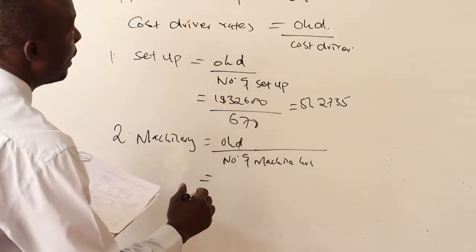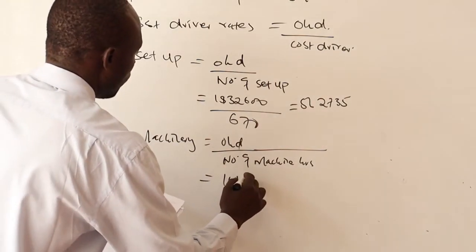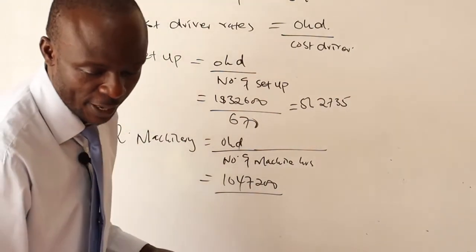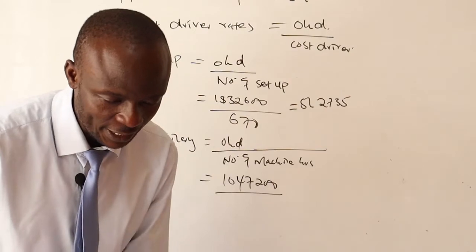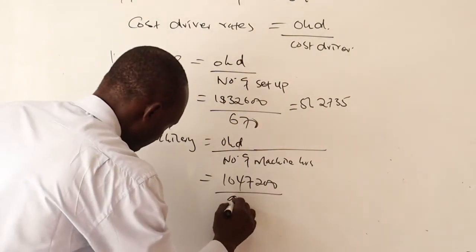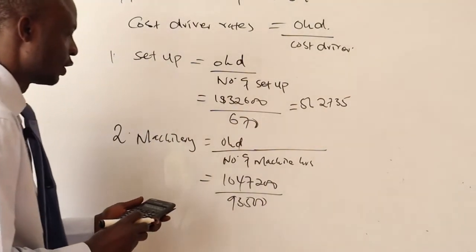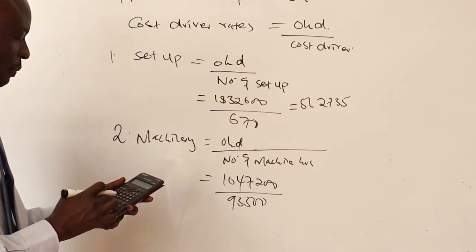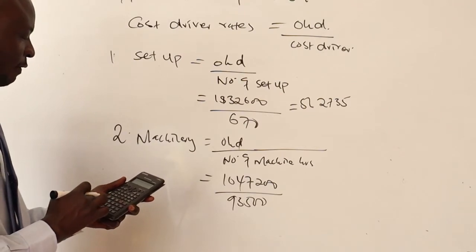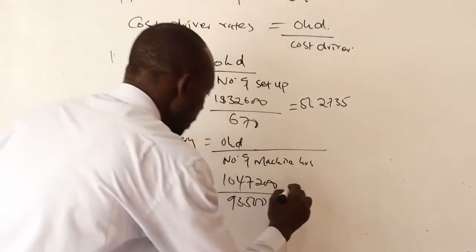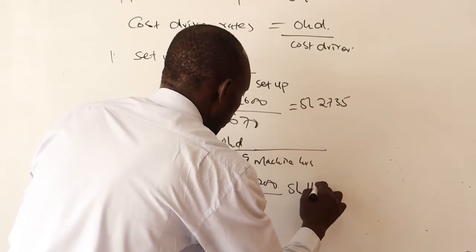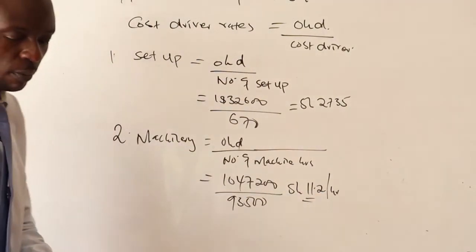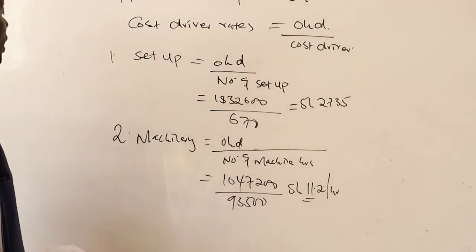The overhead here is 1,047,200. The total machine hours we had determined was 93,500. This one we had already done. So 1,047,200 divided by 93,500 is going to be shillings 11.2 per hour. That is machinery.